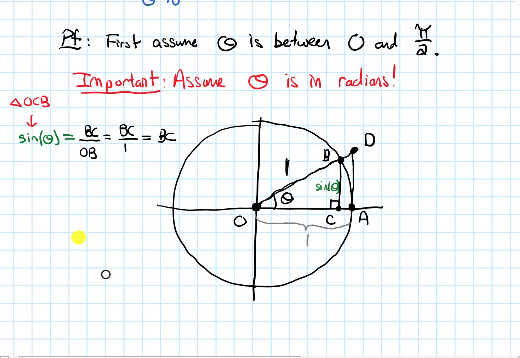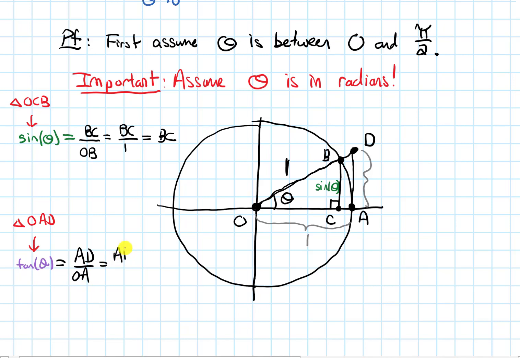So what I'm going to do next is I'm going to figure out the distance from A to D. And I can do that if I take the tangent of theta, and this is going to be in the bigger triangle, in triangle OAD. Tangent of theta in that triangle would be opposite, which is AD, over adjacent, which is OA.